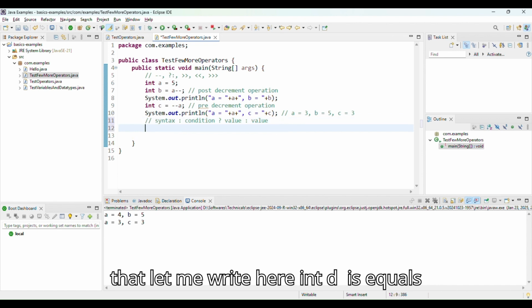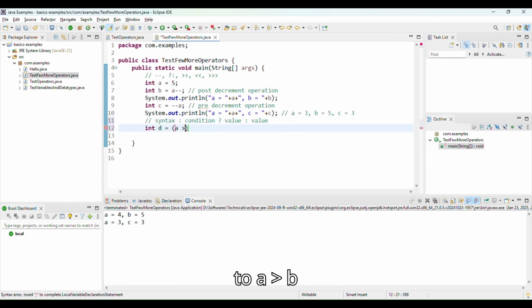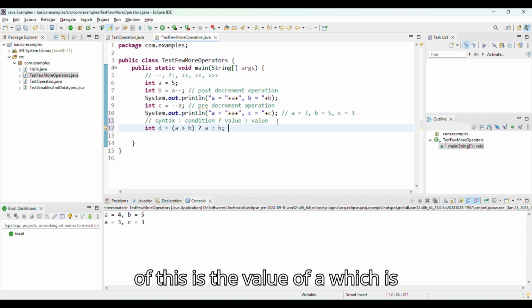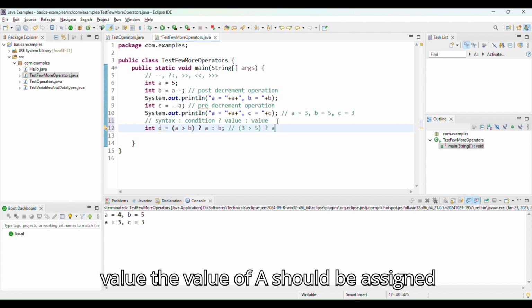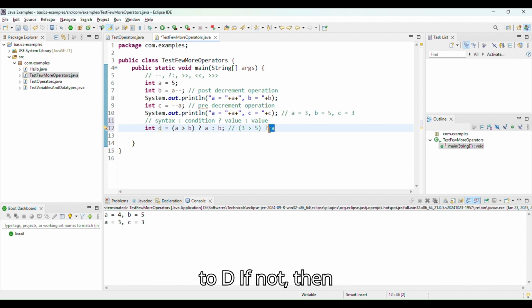To understand that, let me write here int d equals a greater than b, question mark a, colon b. What is the meaning of this? If the value of a, which is 3, is greater than the value of b, that is 5, then the value of a should be assigned to d.